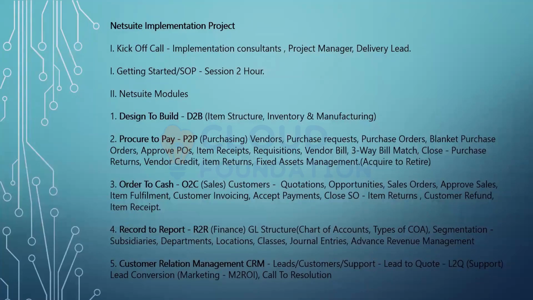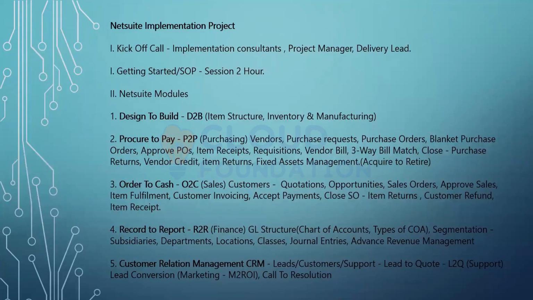A blanket purchase order, to tell you in layman's terms: I am a company and I buy 50 items from my vendor on a monthly basis. I do not want to create purchase orders manually all the time. So it creates a purchase order automatically on the set date that you give.